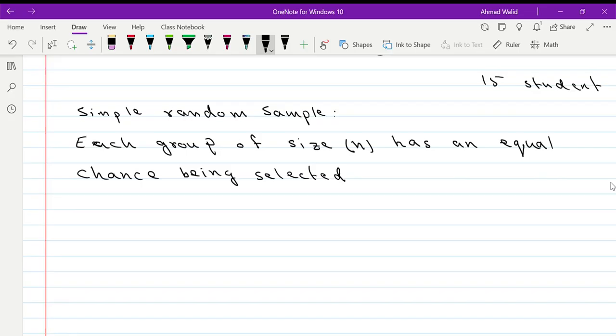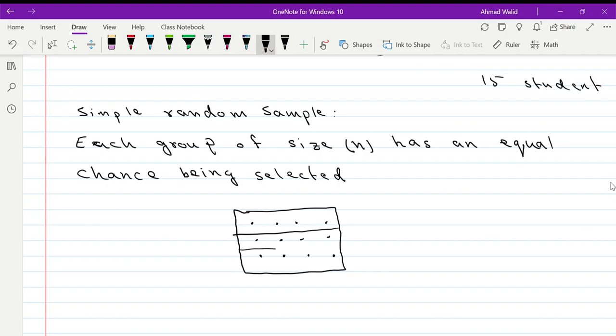Somehow, this is your classroom, correct? And I have here 40 students in this class. What I can do, I divide your class into different groups. Each row will be a group for me. The number of students in these groups, we call it n. How many students in one row? I think it's 4 or 5 students in each row.